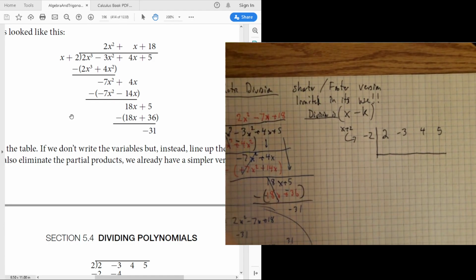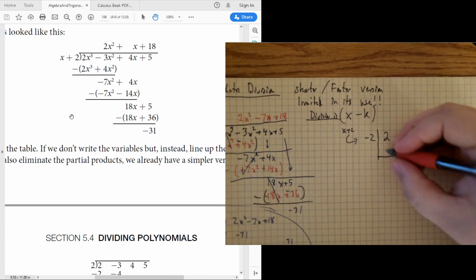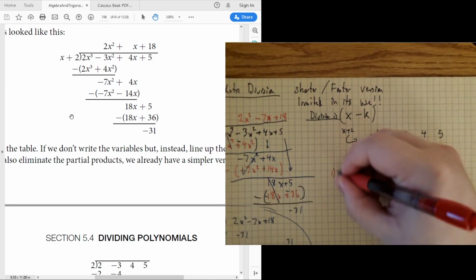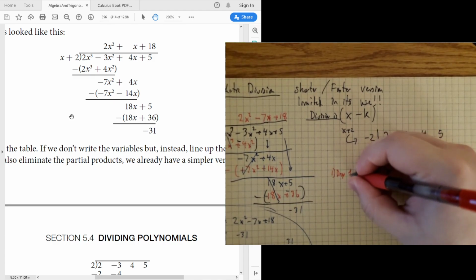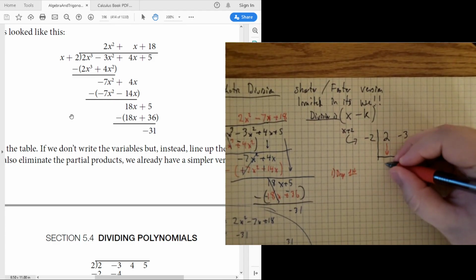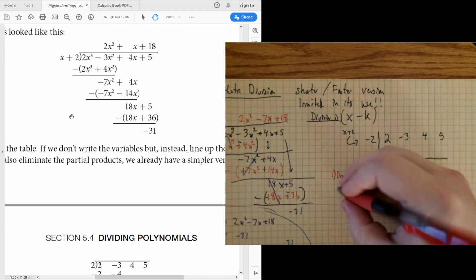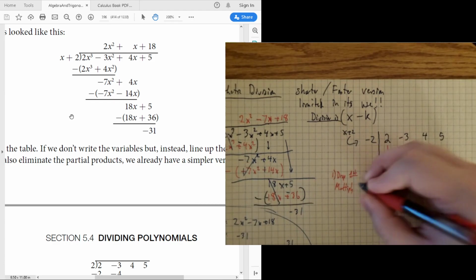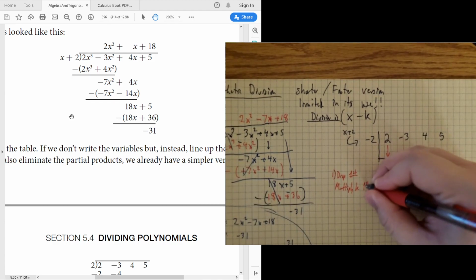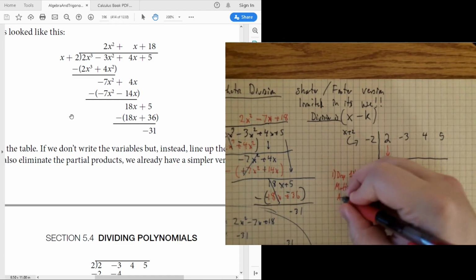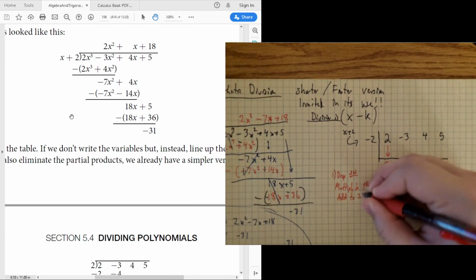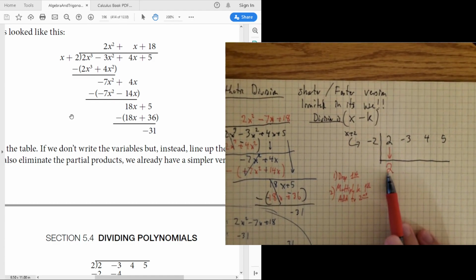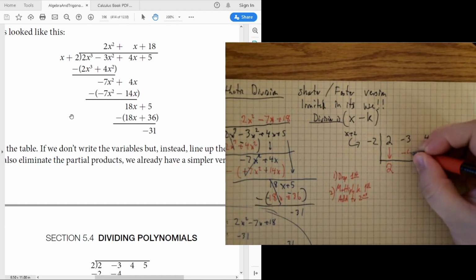Now, how does synthetic division work? Well, the first number is dropped. So, step 1, we're going to drop the first. So the 2 is just a 2. Then you're going to multiply k times the first and add to the second. So you're going to take negative 2 times 2 and get negative 4.